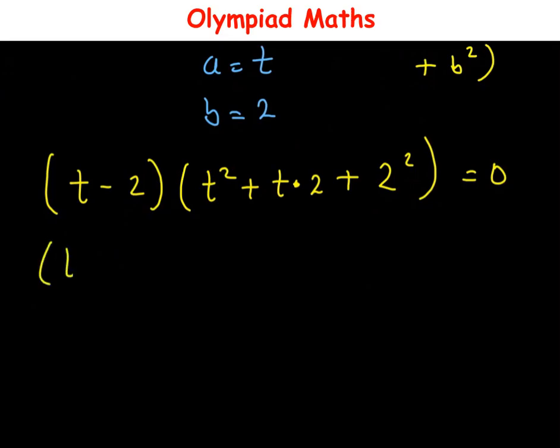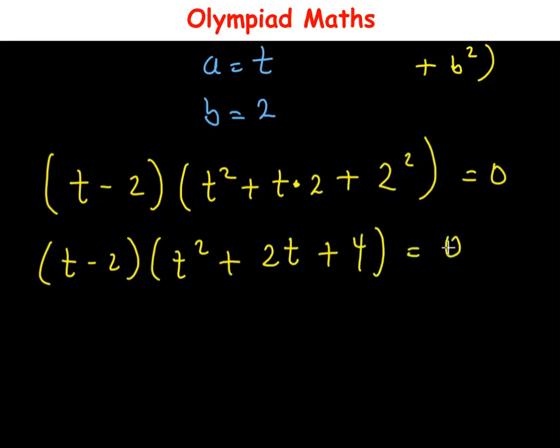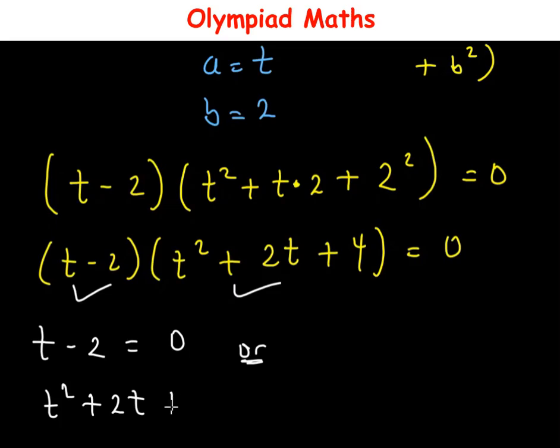So in brackets, t minus 2 all multiplied by t squared plus t times 2, which is 2t, plus 2 squared, which is 4, is all equal to 0. With this, we can equate this to 0 and also equate this to 0, such that t minus 2 is equal to 0, or t squared plus 2t plus 4 is equal to 0.